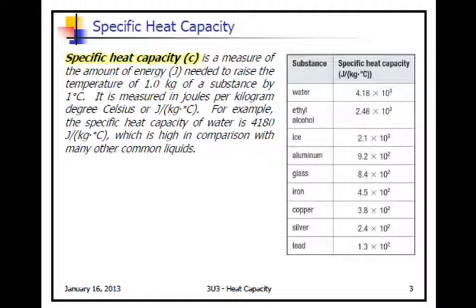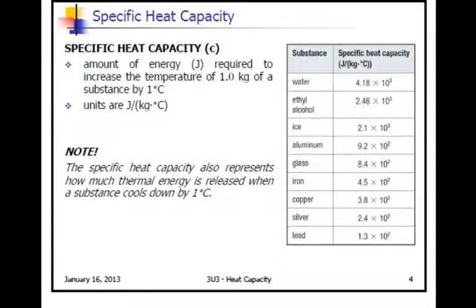It's joules per kilogram degrees Celsius. 1 joule is the amount of energy needed to raise the temperature of 1 kilogram of a substance by 1 degree Celsius. That's another way we can read a joule. That's an interesting thing to know because it relates directly to the ability of something to be heated.